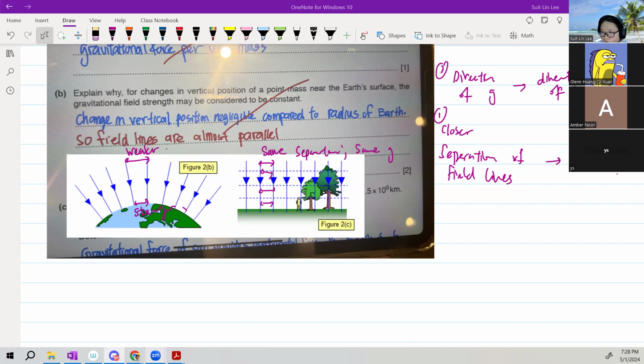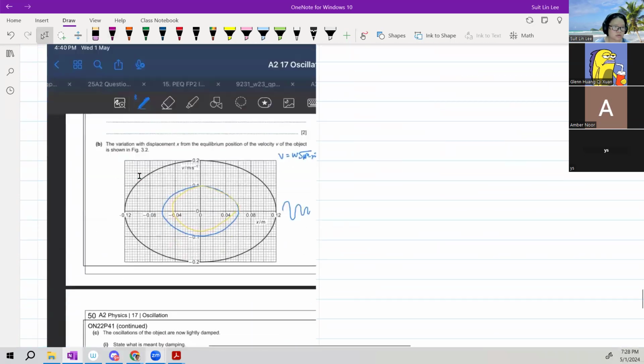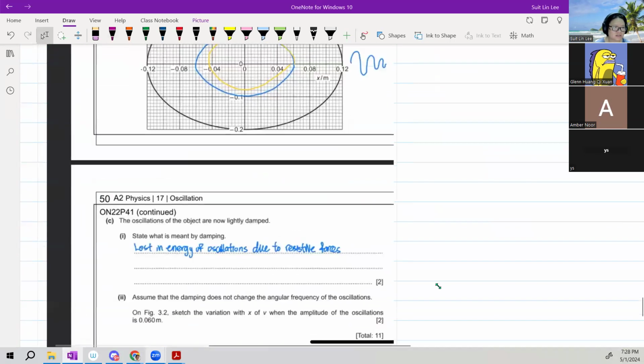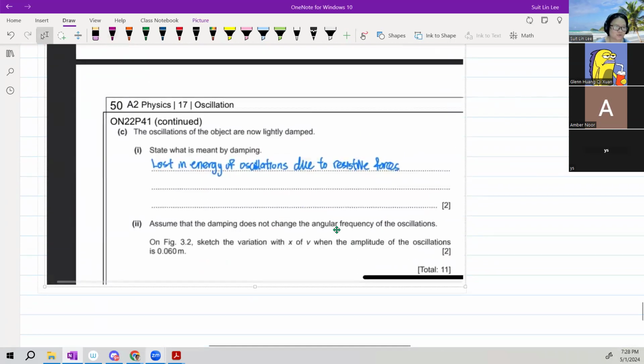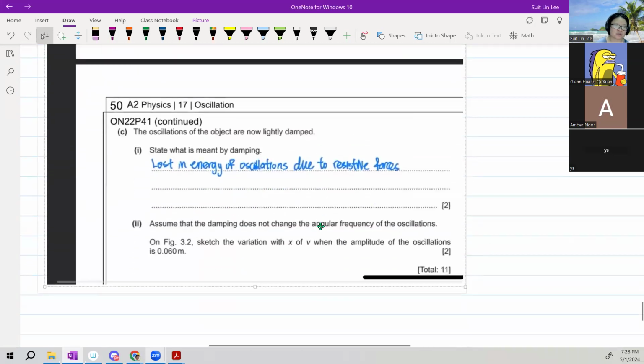There is a damping question. This one is read the question, because in this question, they already tell you. Your question is, how do I know that the amplitude is constant? Because the question tells you the amplitude is constant. Don't think too much. The amplitude is constant.